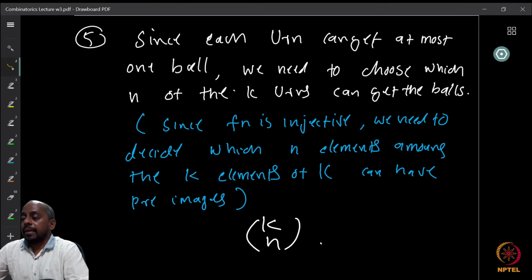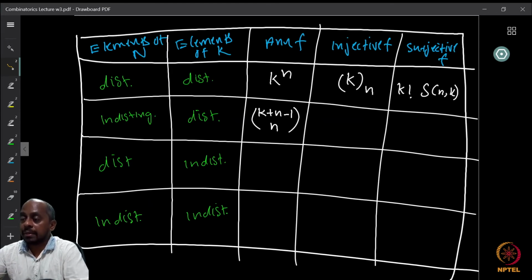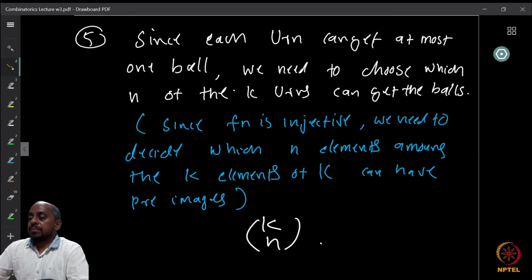You have to distribute the unlabeled balls to distinguishable bins, and each urn can get at most one ball, so you have to select which of the urns are going to get the balls.